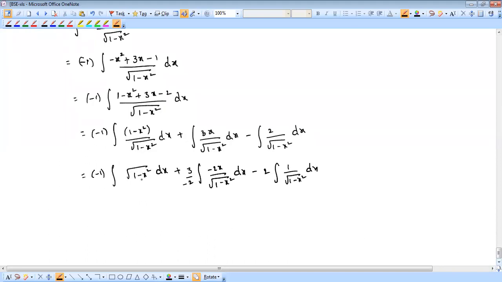After that, you know the formula. This is the root over a square minus x square formula. And here this is the f dash x by root of f of x formula, which is 2 into root over f of x. Here 1 by root over 1 minus x square is nothing but sin inverse x. If you apply, then you can get the answer.